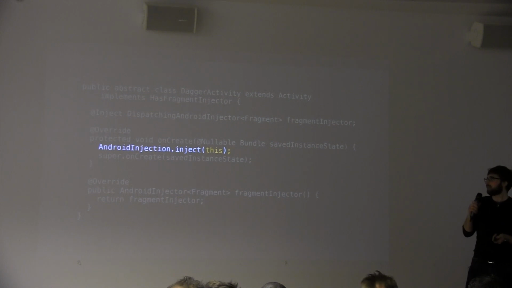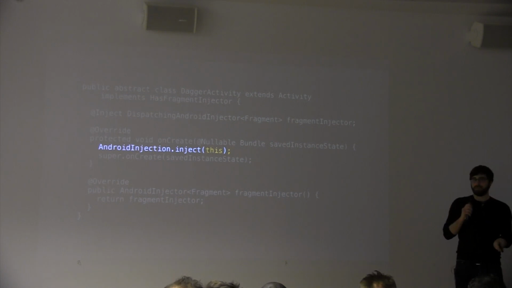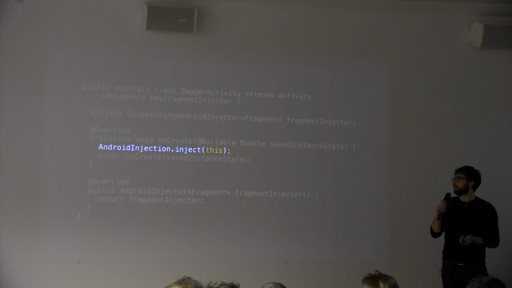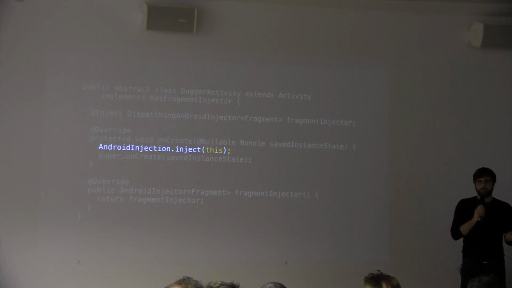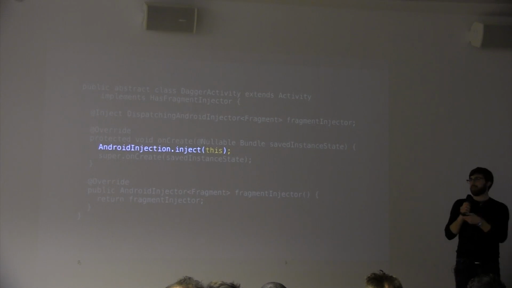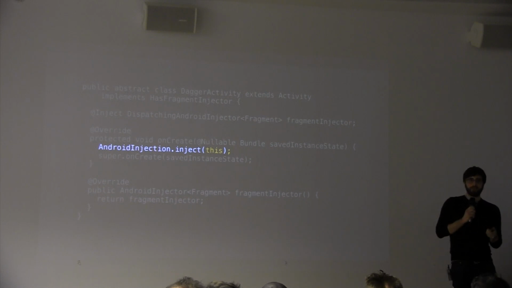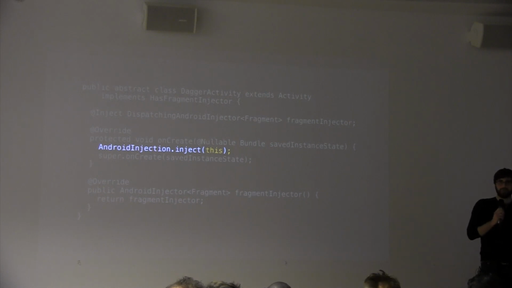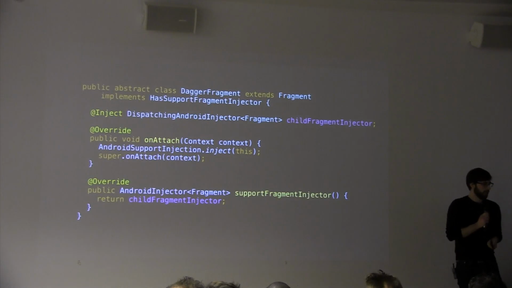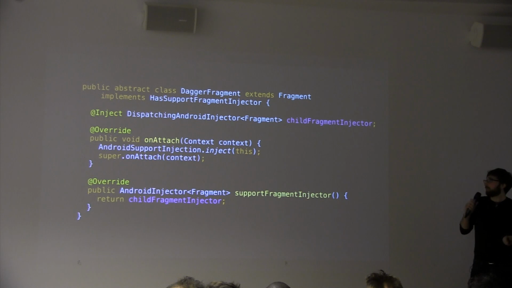All it's going to do is look up the app, which implements has activity injector, grab that dispatching Android injector, call inject on it, which will go look up the key for this activity in that map, find the subcomponent builder, build it, and inject this activity. And same for the fragment.